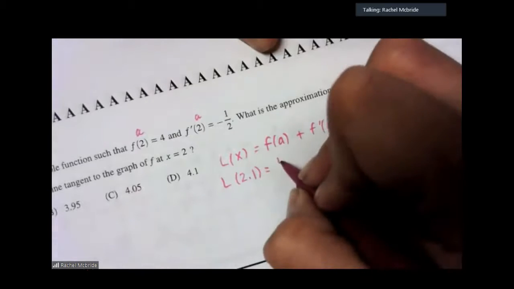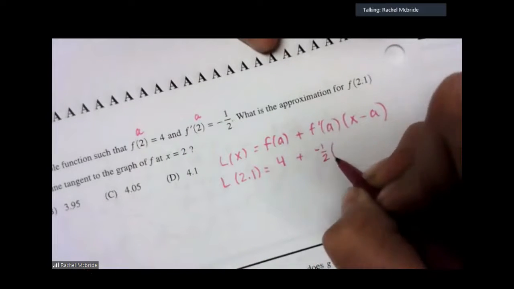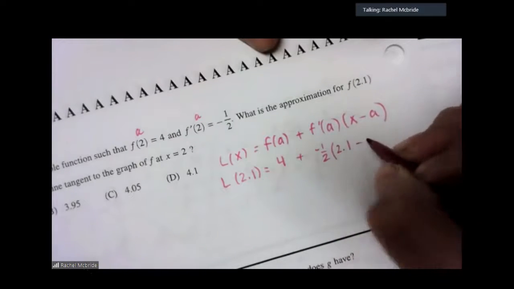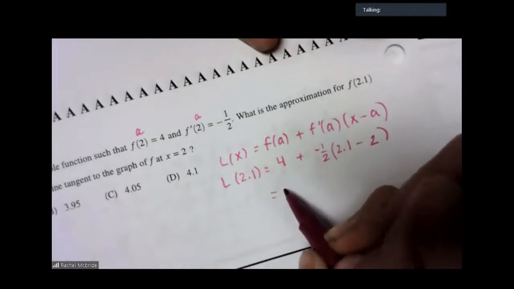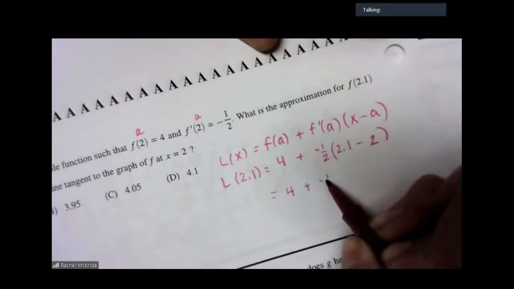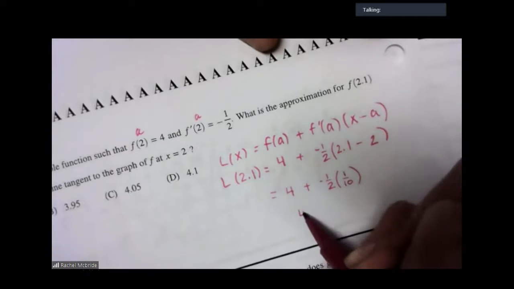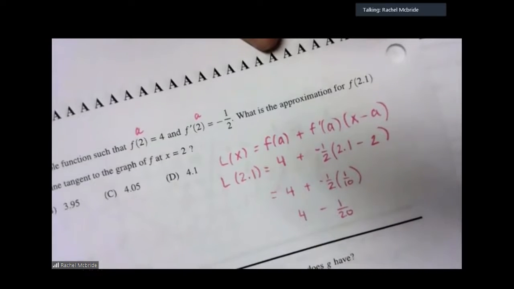So f of a is 4. F prime of a is negative a half. X, remember, that's the 2.1 minus a, which is 2. So you get 4 minus 1 over 20.